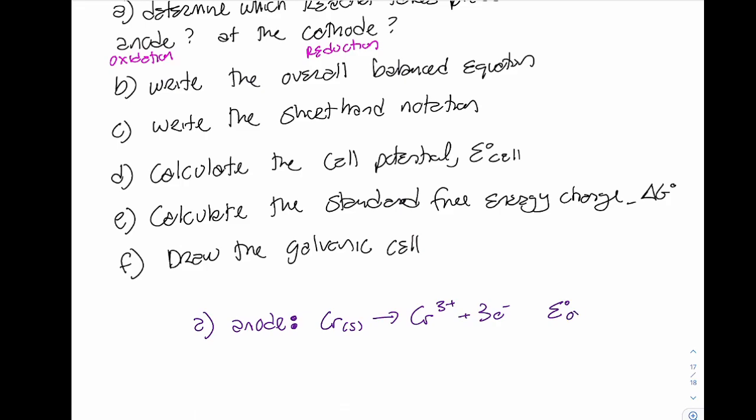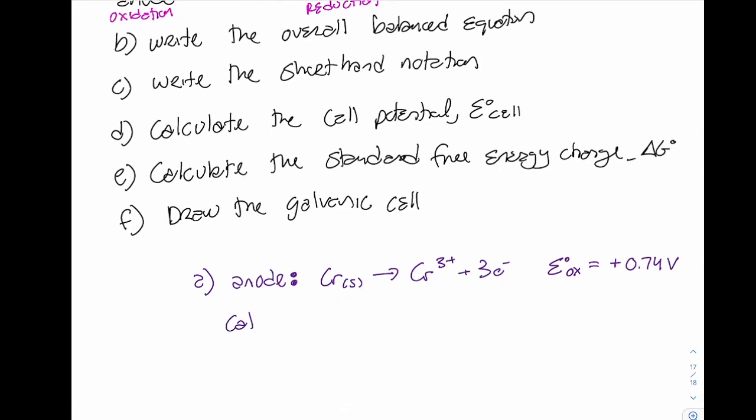So my cell potential for my oxidation is going to be a positive 0.74 volts. And then my cathode, that's my reduction half reaction. And that was our tin 2 plus plus 2 electrons going to tin solid.